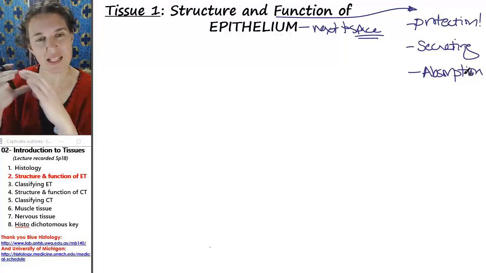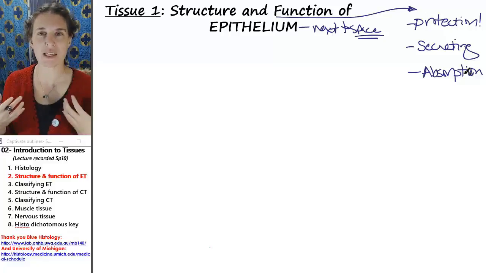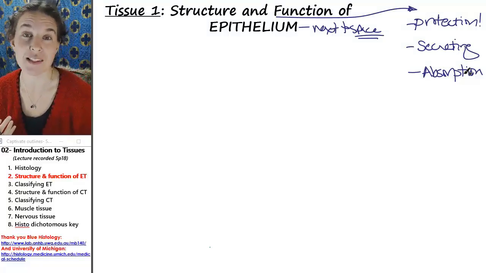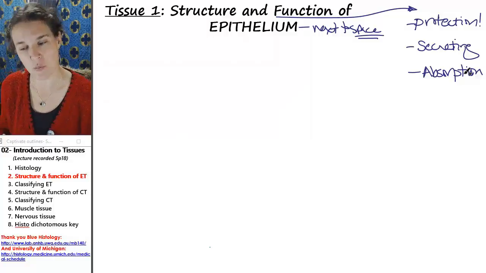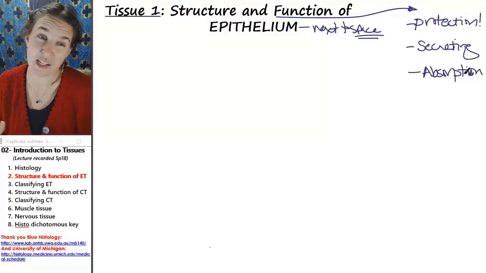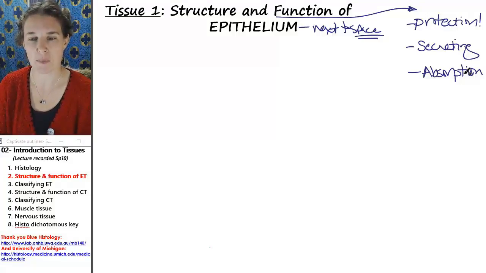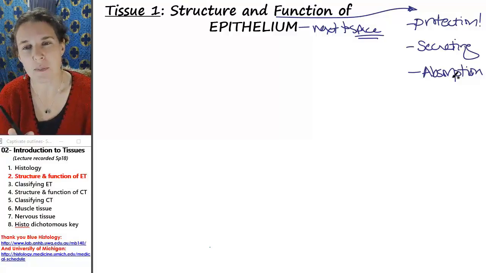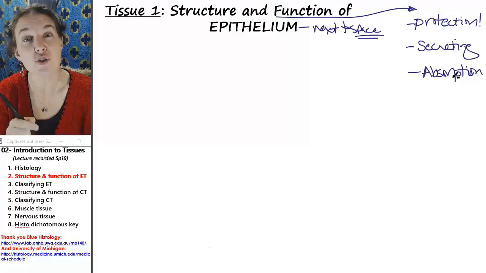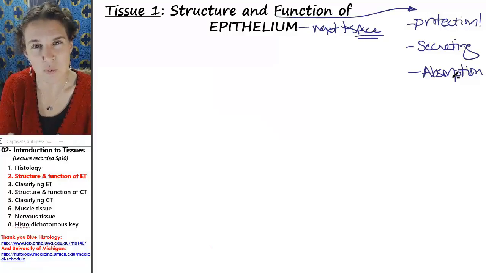Absorption is when you take something that is in a tube and you pull it into a different space, whether you're absorbing it into the body, into the blood, or into a space that's actually outside the body. Absorption is going from the space somewhere else. Now, there are some structural characteristics of epithelium that enable those three functions.